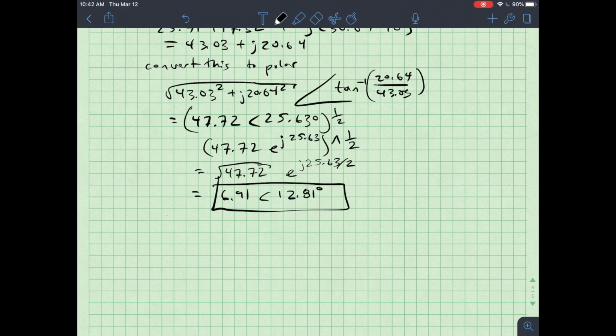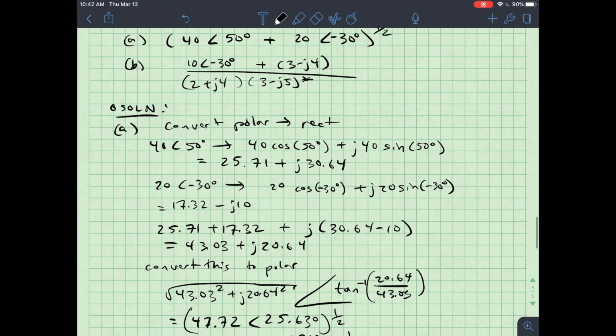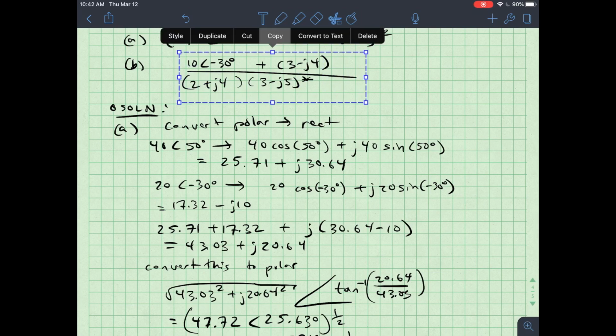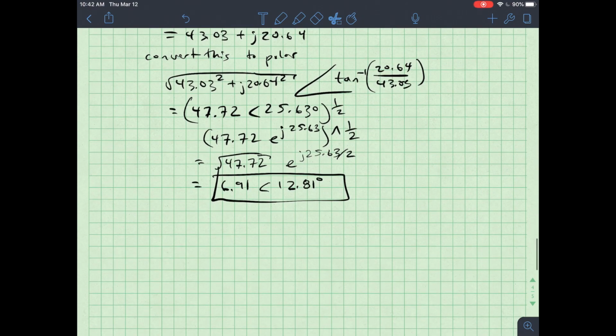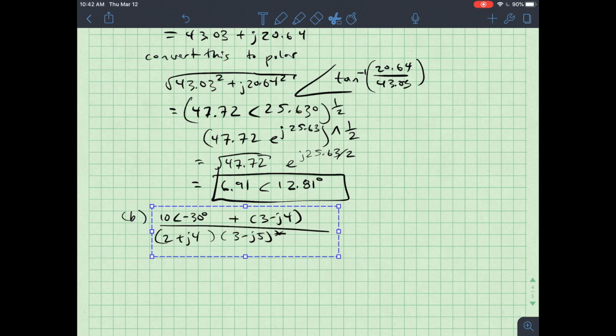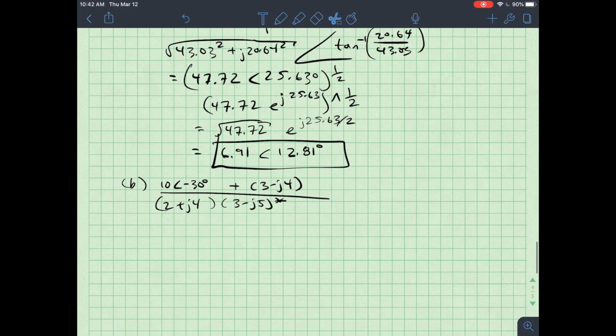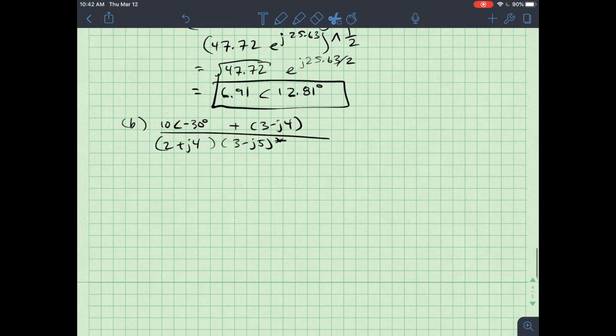All right, let's move on to part B. In part B, I have this really complicated thing, so let's make a copy of it and put it down here, so that you can see it. This is apparently pretty involved.